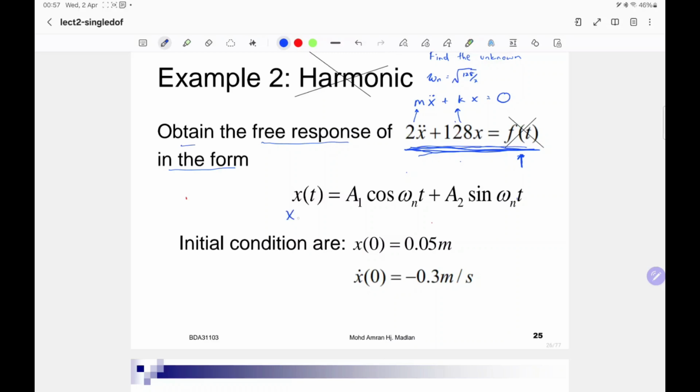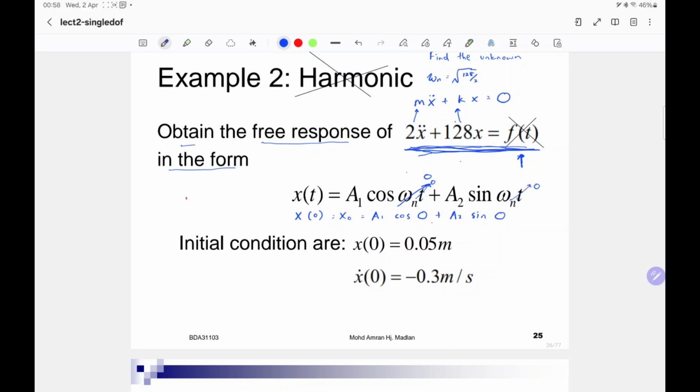So x naught is equal to A1 cos 0, because t is 0, so all of this becomes 0, plus A2 sine 0.